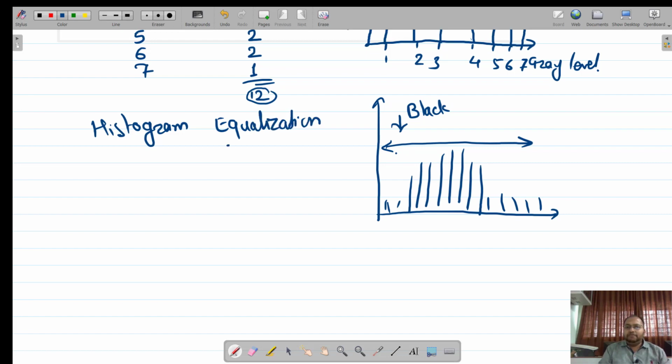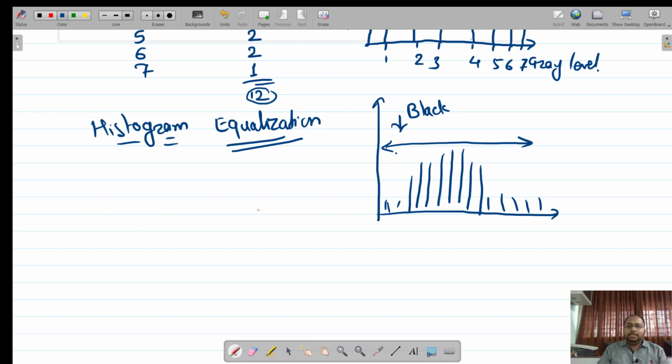As the name itself indicates, it means equalizing or evenly distributing the gray level intensities across the total intensities of your image. Are you getting it? How to go for that is what we are going to see in this particular lecture.